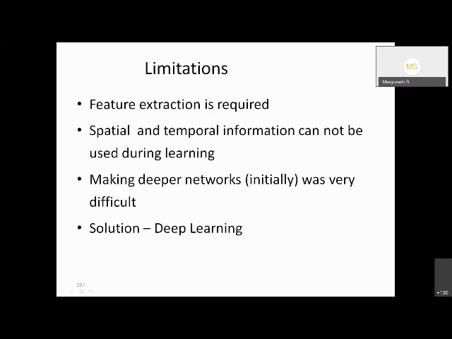We test all possible ways, and then we say, okay, this approach is better. So instead of that, can we use any architecture or learning algorithm by which the system identifies the features by itself, learns, and produces the output? That is achieved in deep neural networks, called deep learning.